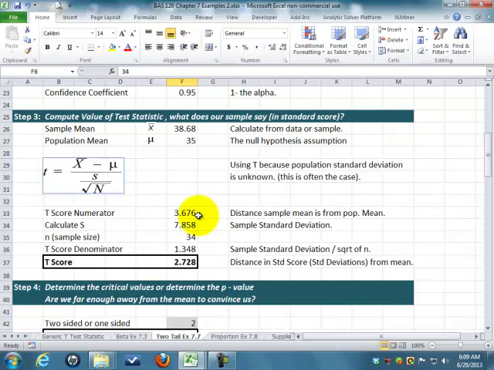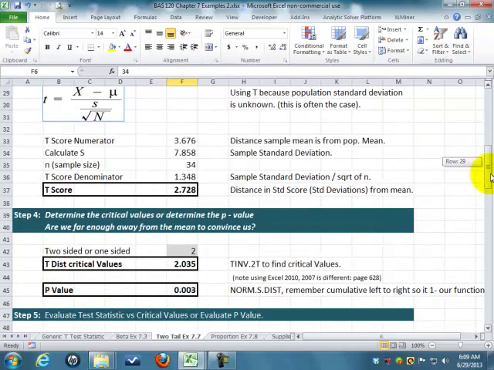Our numerator, we calculated our sample standard deviation because our sigma was not known. There's our sample size. There's our t-distribution denominator. Our numerator, of course, is the difference between the two. There's our numerator. There's our denominator. There's our t-score. So this is 2.7 standard deviations to the right of our mean.